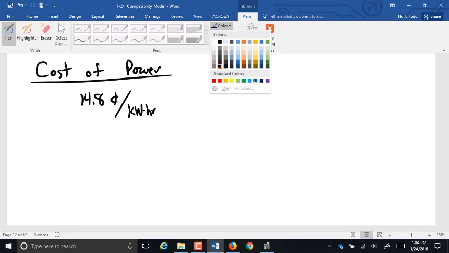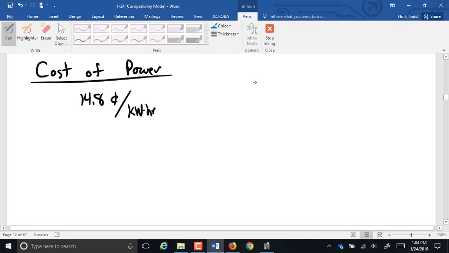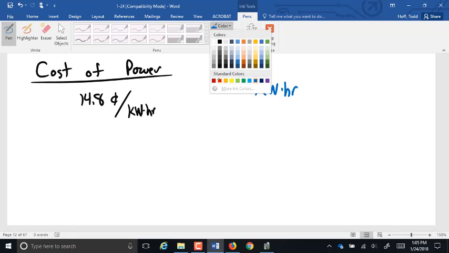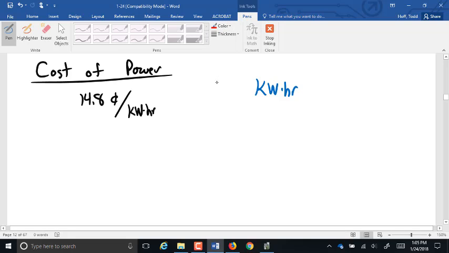To understand what that means, first we have to define what a kilowatt hour is. A kilowatt hour is something that consumes 1 kilowatt running for 1 hour.